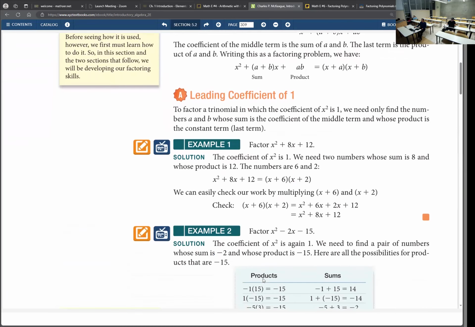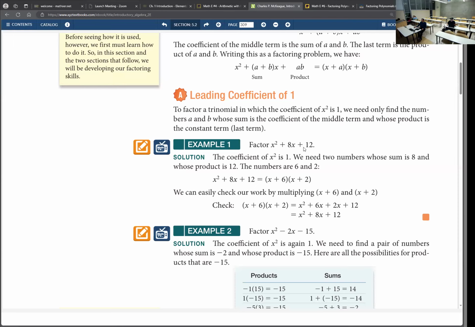They start out by saying, well, it's simpler if the number by x squared is just a one, it looks like it's missing, one x squared. Because then it's always one times this other number, in this case 12. So I don't really even have to think about multiplying to get the area of the rectangle at the beginning.